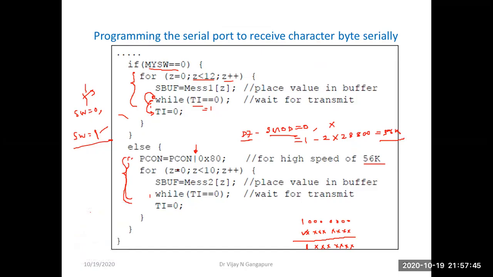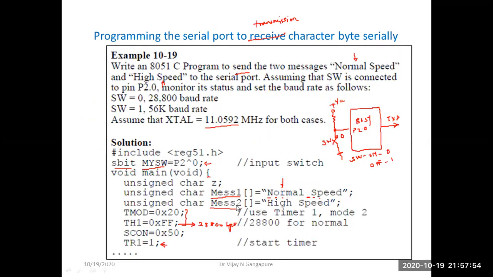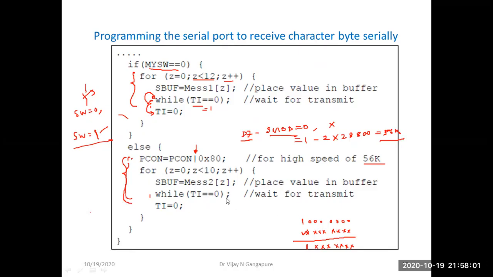After that, we are transmitting the second message, which is in the MESS2 array, that is the high speed message, which we have to transmit. We do that using this next for statement: for z is equal to 0, z less than 10, since a total of 10 characters are there in the message high speed, z plus plus, and the same statements are here.